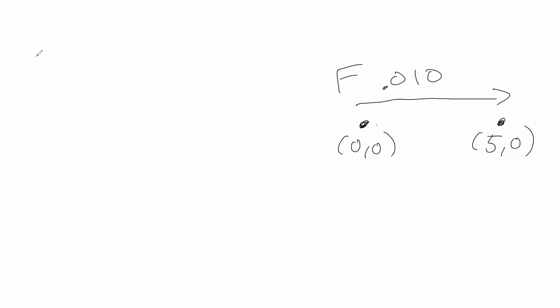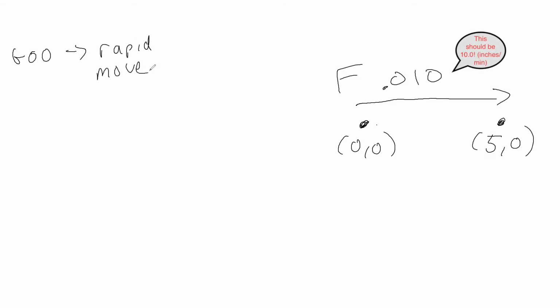Well, if we go like this in the beginning of our program, we normally rapid to our positions. Okay, G00 is a rapid movement code. All right, so if we go G00, X00, Y00, we will show up over here. Okay, and I know it's supposed to be over there, but for this sake, let's just say it's right there.